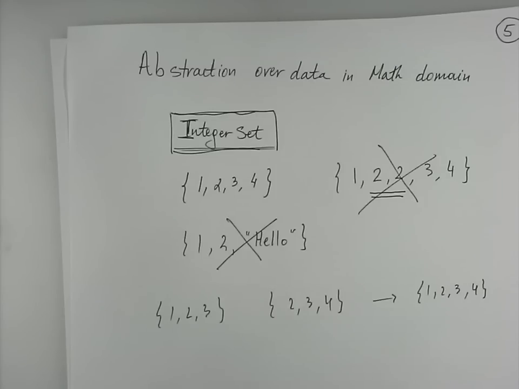What else? Intersection. Intersect this integer set with another one and return the intersection. Okay, what else? Usually you say contains.